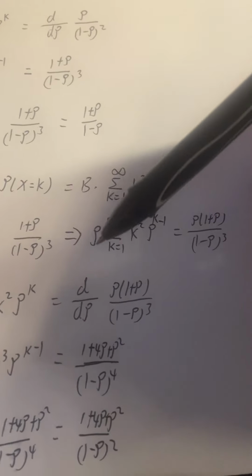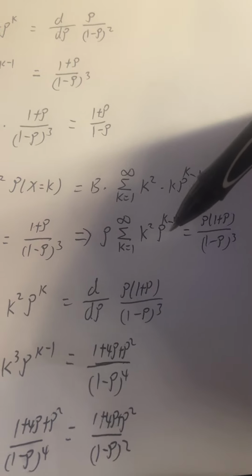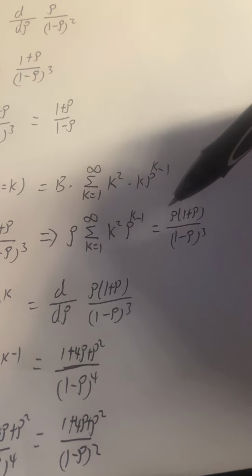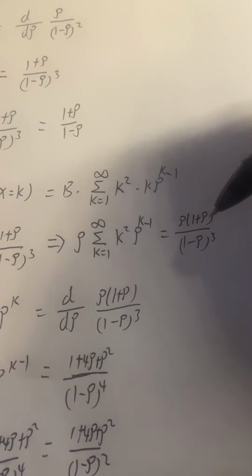So we multiply by p on both sides, and the right side will be p times 1 plus p over 1 minus p cubed.